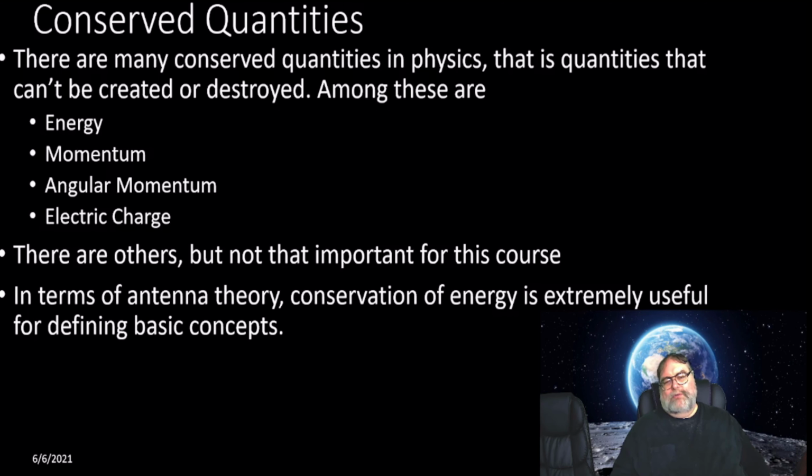The one that we really care about in this course will be conservation of energy, and all that really means is the amount of energy basically stays the same. It doesn't change. It can change form, but it can't be destroyed or created. Conservation of energy is the key thing for some of the derivations of antenna theory.